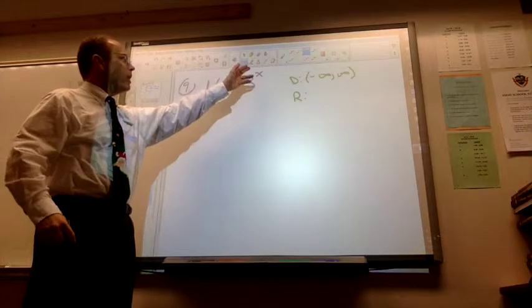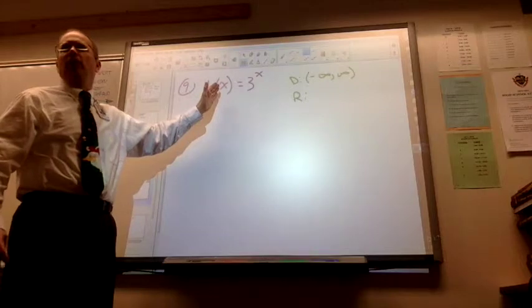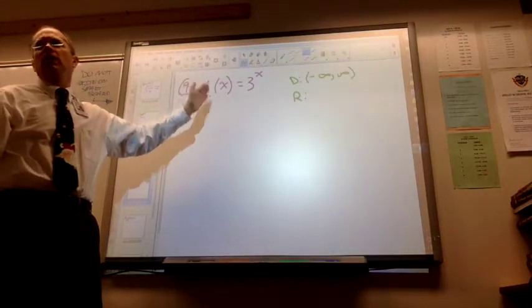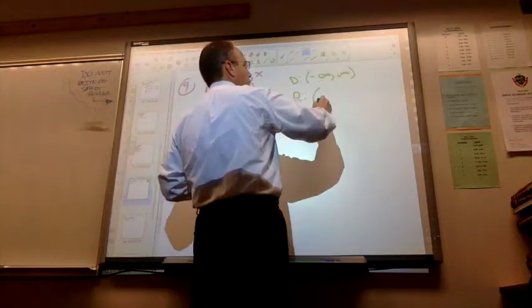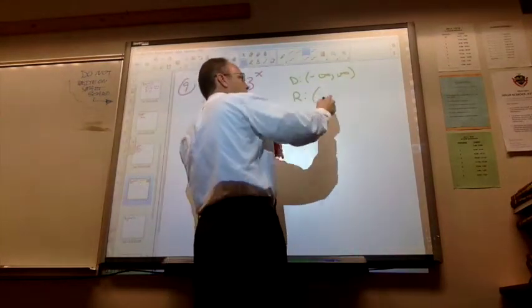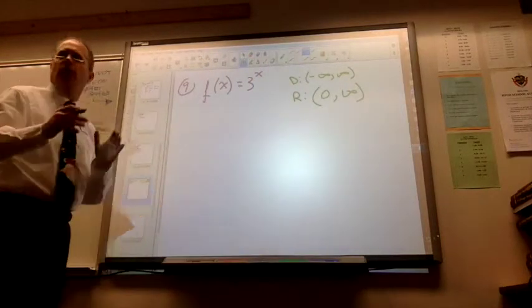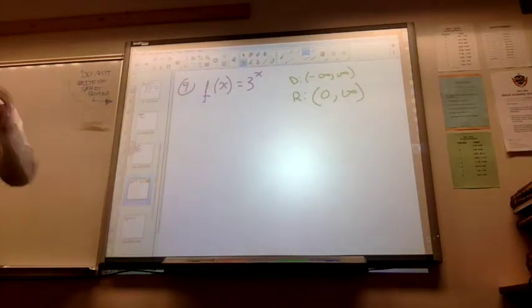No matter what number I plug in, this is not going to become 0. No matter what I plug in here, this is not going to become negative. So my range is going to go from 0, open parenthesis, to infinity. So that's my domain and range of my original. It's important that you find that first.